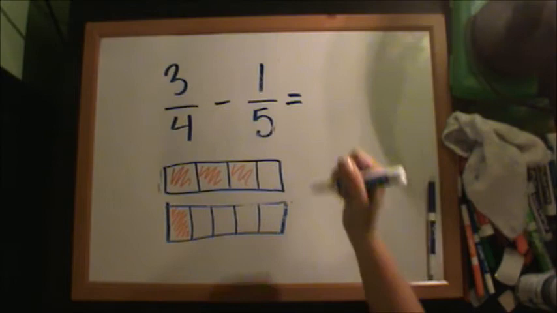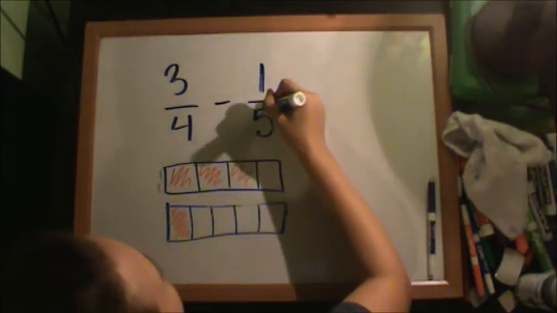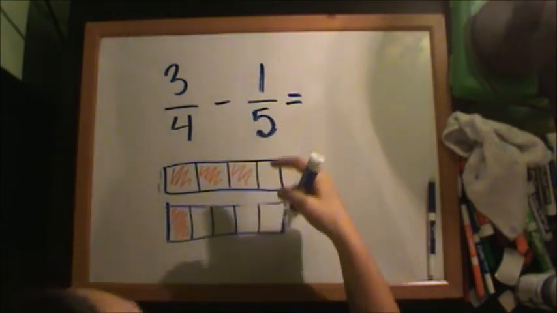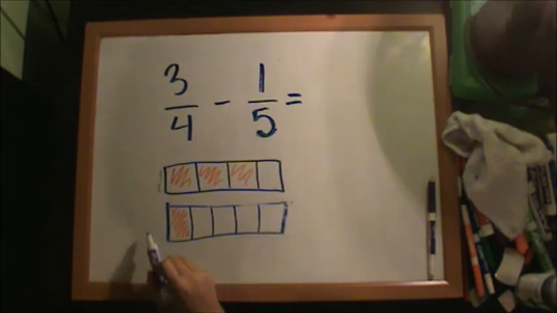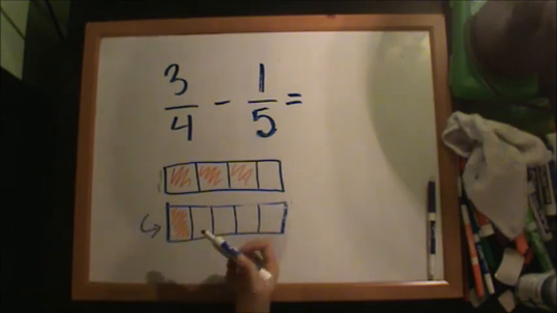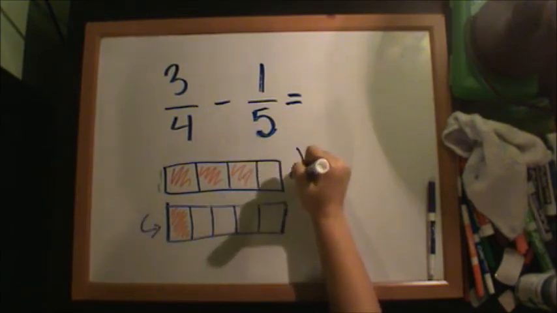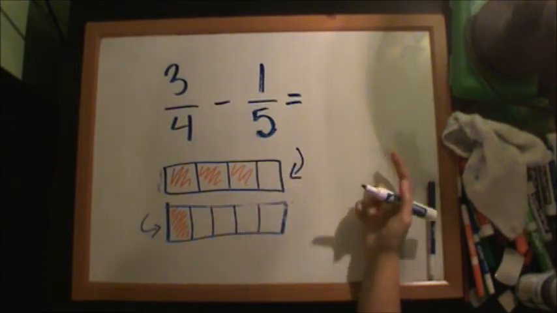So the same thing applies. We cannot subtract these because we do not know at this point how much 1/5 would be to take away from the fourths because they're separated into separate pieces.